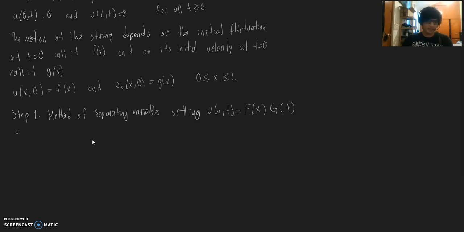With this we obtain two ordinary differential equations from the original partial differential equation, one for f of x and the other for g of t. That's step 1.